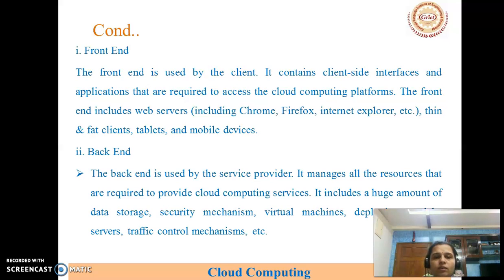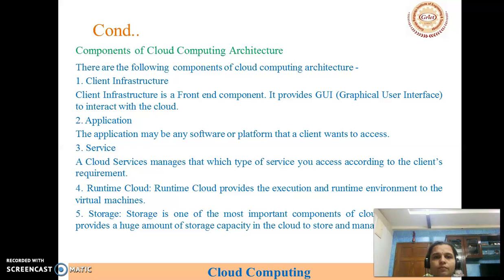Right. Next one is the backend. The backend is used by the service provider. It manages all the resources that are required to provide cloud computing services. It includes a huge amount of data storage, security mechanisms, virtual machines, deployment model servers, traffic control mechanisms, etc.